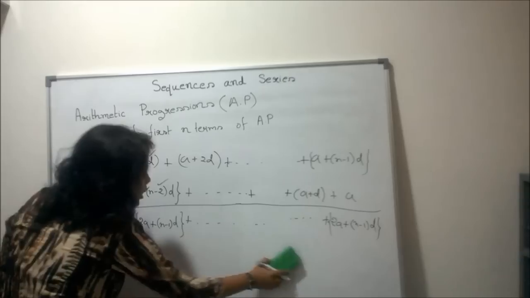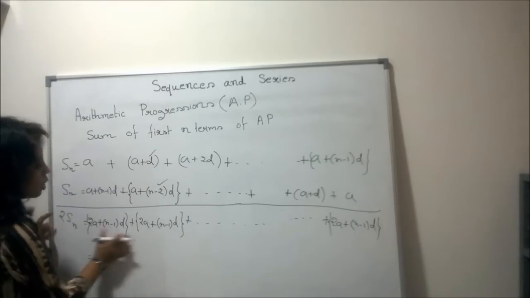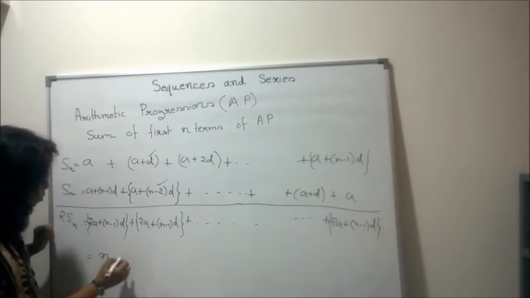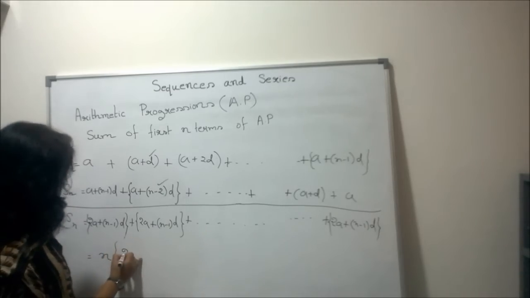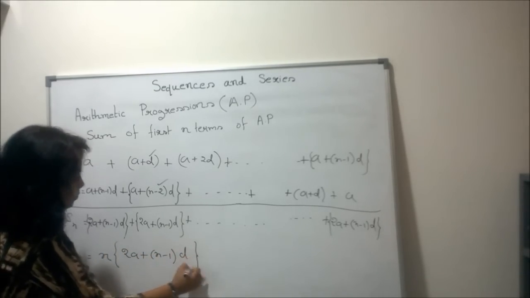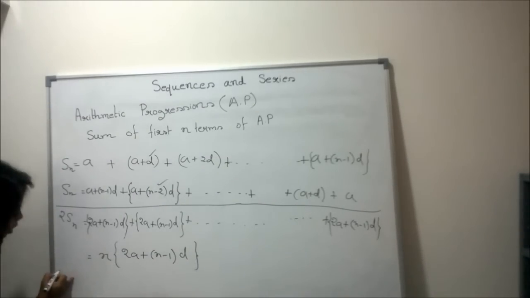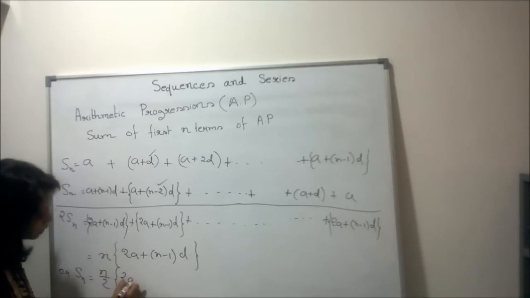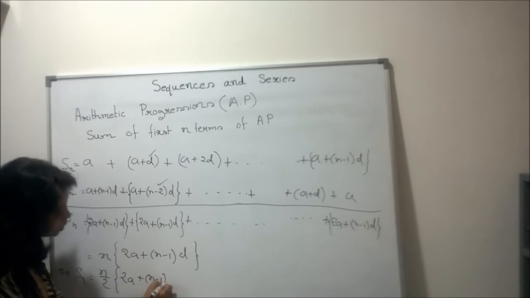Okay. So here we are getting n terms of this. So our result is n into 2a plus n minus 1 d. So from here we get Sn is n by 2 times 2a plus n minus 1 d.